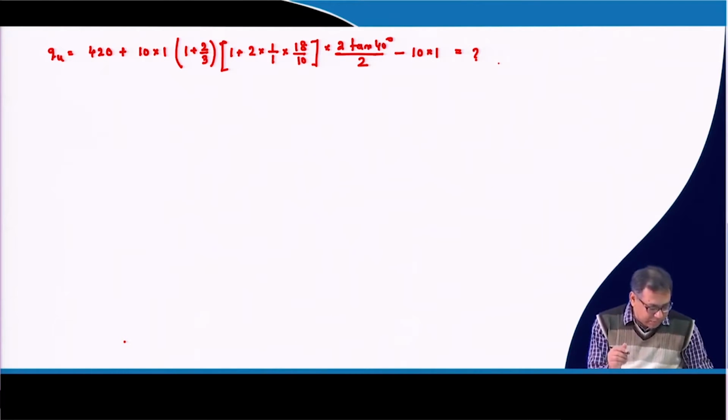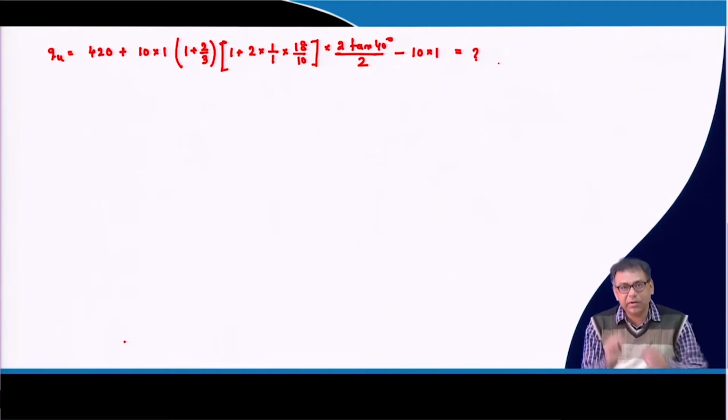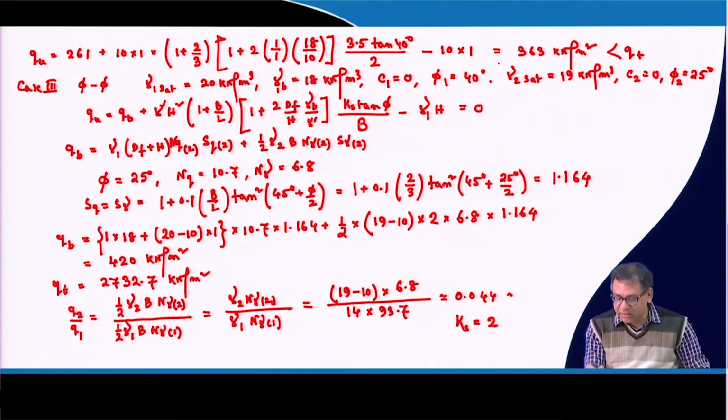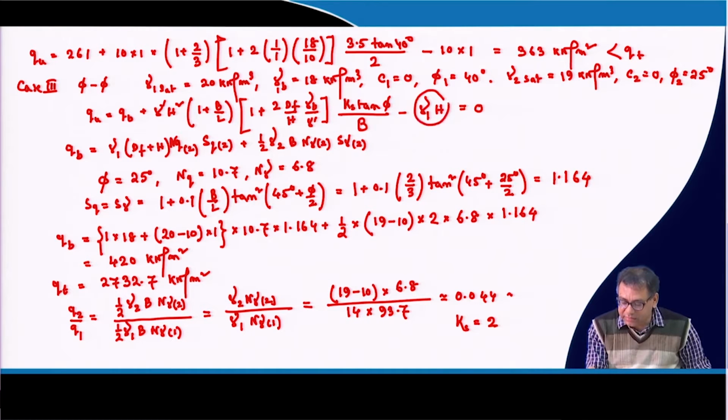Now, one thing I want to mention: during the derivation I told you that I am taking this basic equation, where here it will be gamma dash H, because it is below the water table.